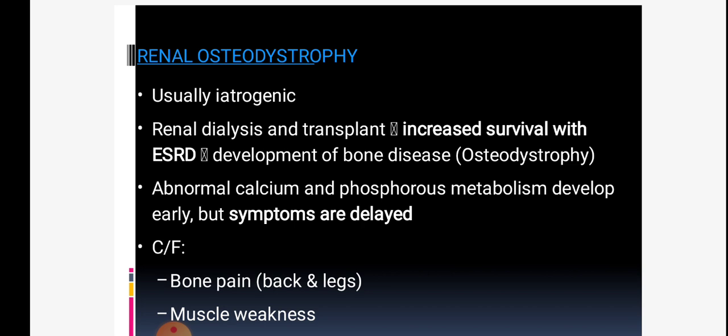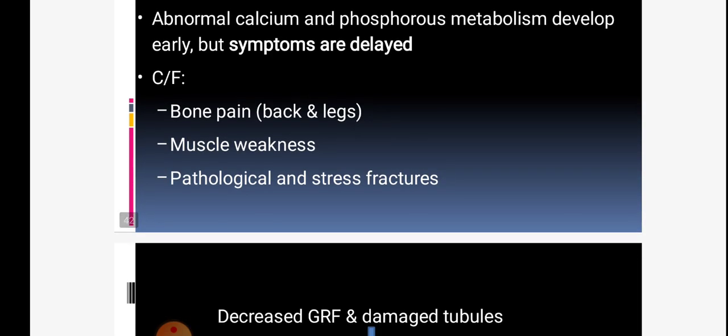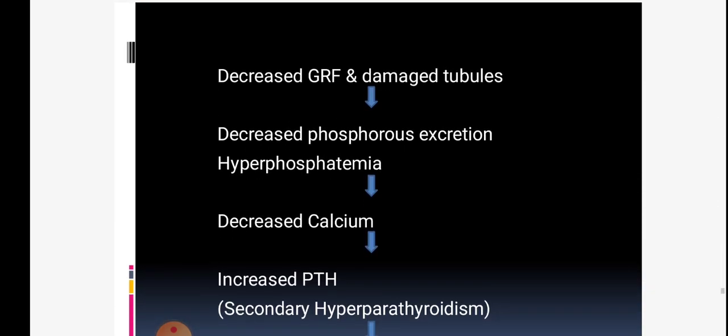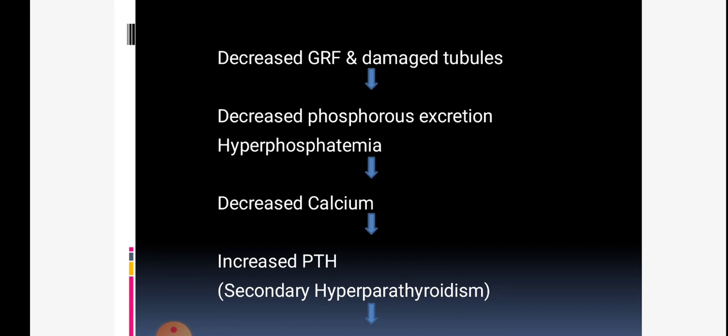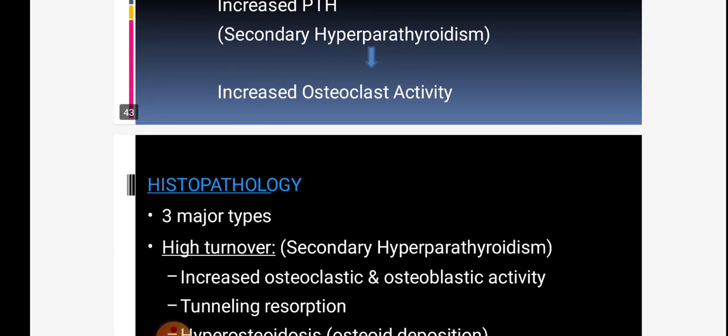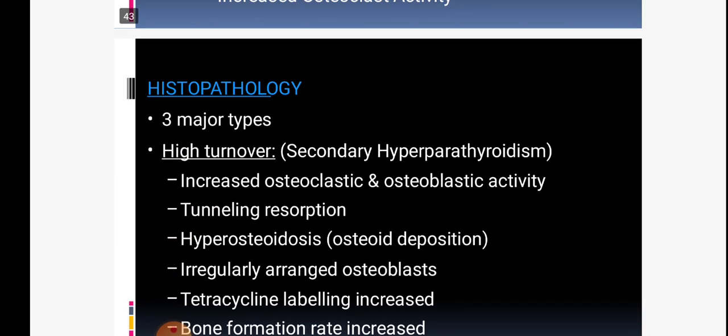Bone pain, muscle weakness, pathological and stress fractures. So this is again the flow chart. The decreased GFR, decreased phosphorus excretion, hyperphosphatemia, decreased calcium, increased parathormone, secondary hyperparathyroidism, leading to increased osteoclastic activity.